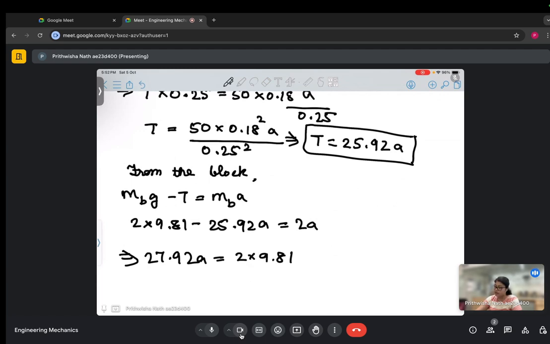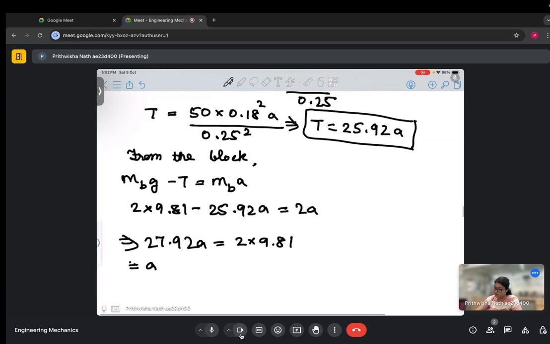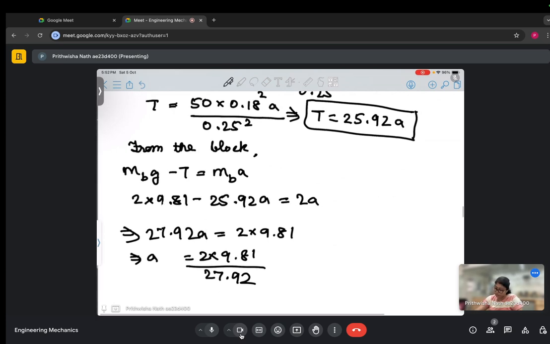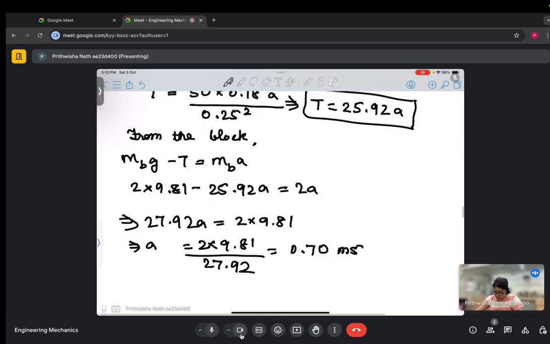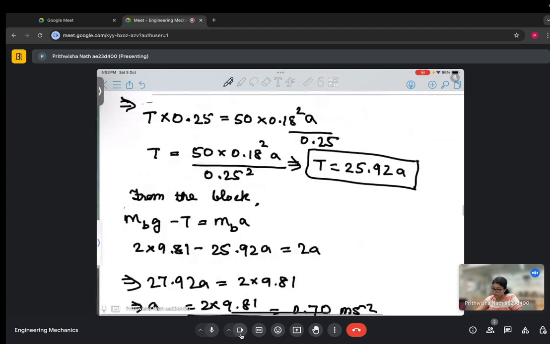So from here a equal to 2 into 9.81 divided by 27.92. So a comes out to be 0.70 meter per second square.